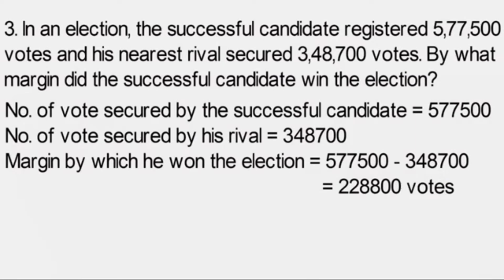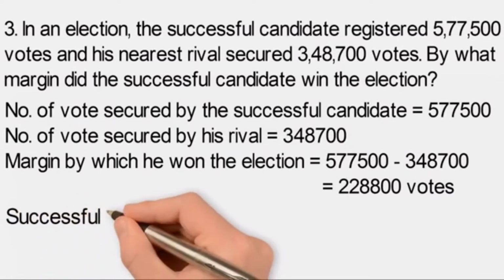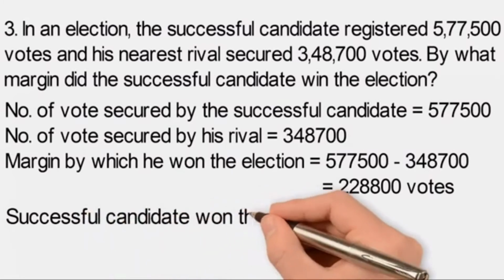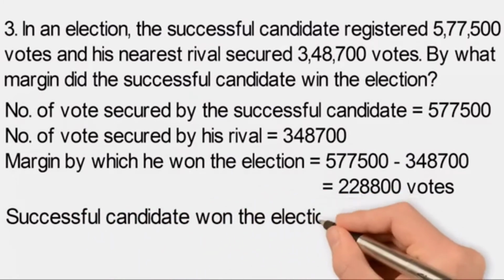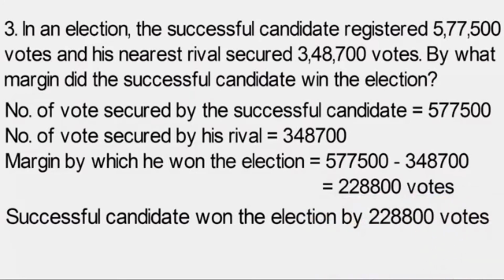So we have to write the final answer again. You will write it in words, like: by what margin did the successful candidate win the election is the question. So the answer is, the successful candidate won the election by 2,28,800 votes. Understood?